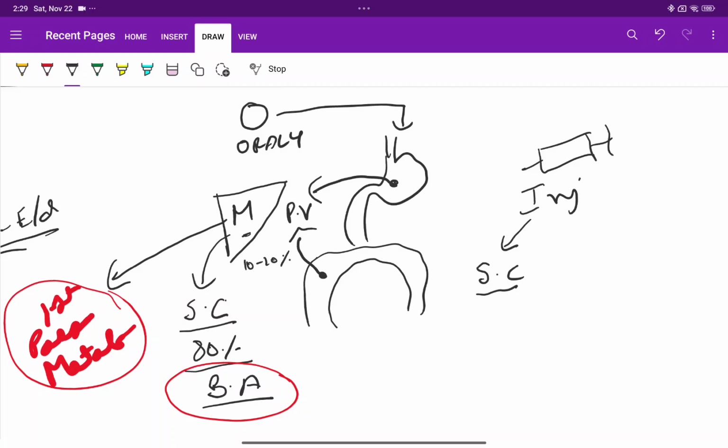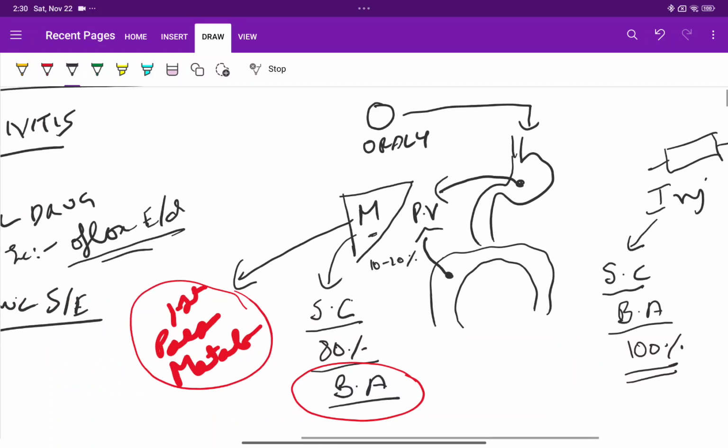It will have a bioavailability, that is the active concentration of the drug, of around 100%. Hence, the injectable dose is very less compared to the oral dose, because injectable forms have 100% bioavailability. This is the basic concept we should know. Before starting the topic, we should know about bioavailability and first pass metabolism.